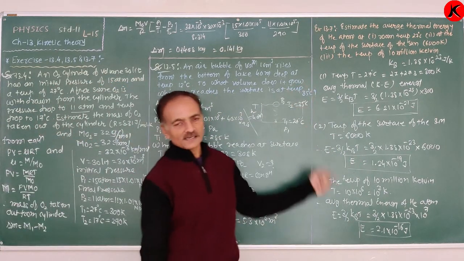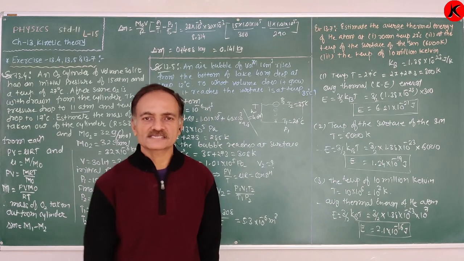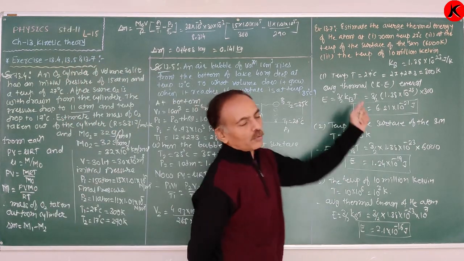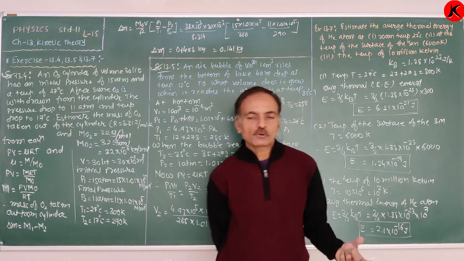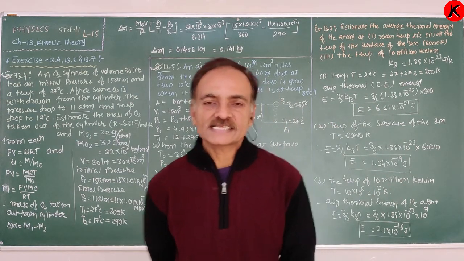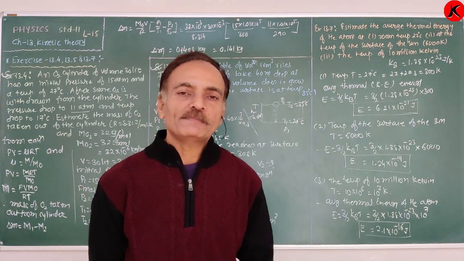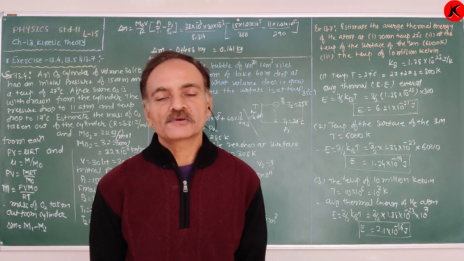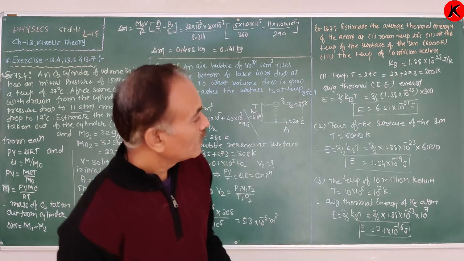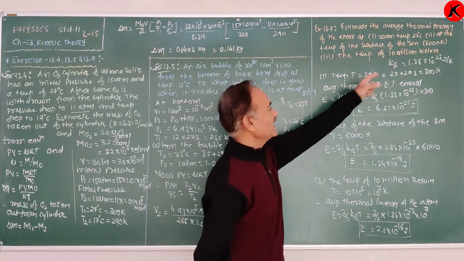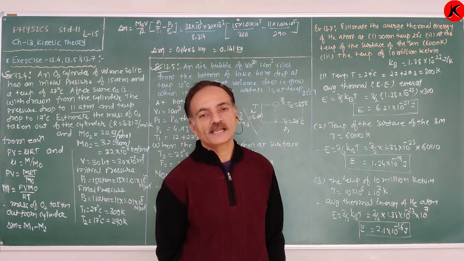This numerical may be asked as an objective type question, MCQ, because we only have to substitute the value of the temperature. And we also know that the translational kinetic energy of a molecule is directly proportional to its absolute temperature. Here different temperatures are given. Therefore this average kinetic energy is also known as the thermal energy.